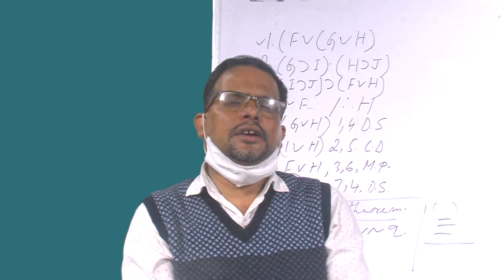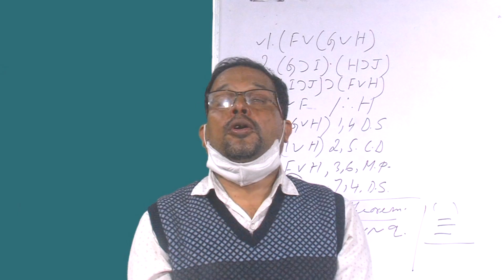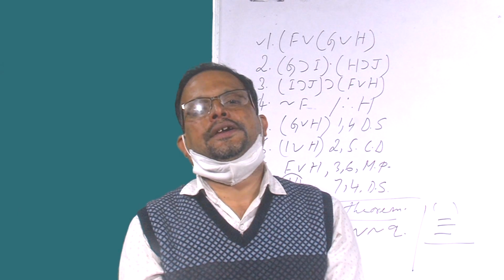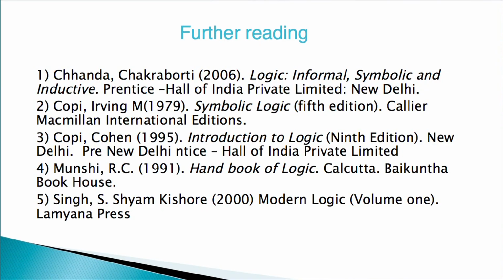Dear learners, in order to know the concept of formal proof of validity in a comprehensive way, you have to study the following books: Logic Informal, written by Sanda Chakraborty; Symbolic Logic by Irving Copi; Introduction to Logic by Cohen and Copi; and Handbook of Logic, written by R.C. Munshi.